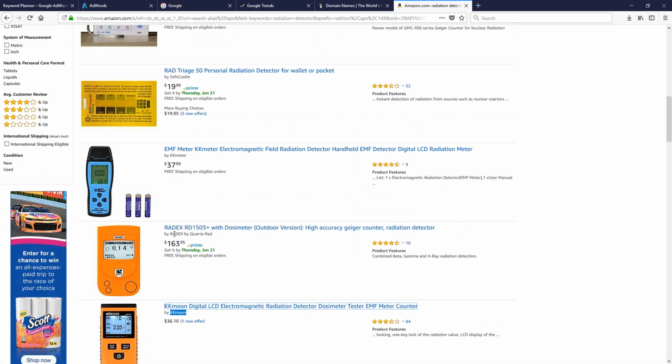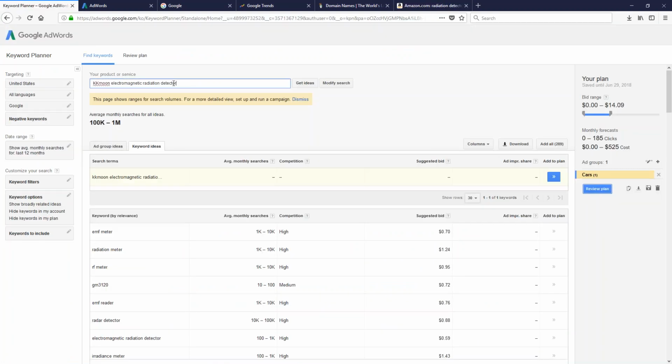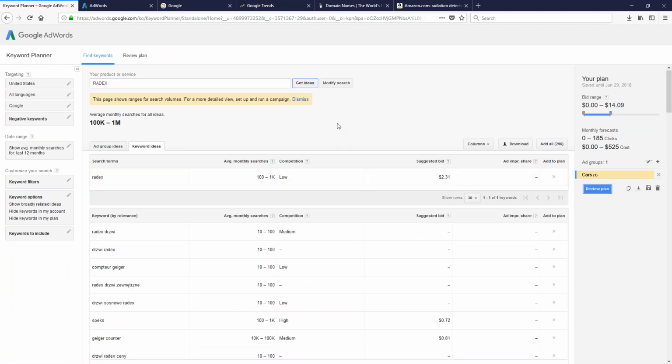But after doing a little bit of research, I'm not necessarily as confident anymore about pursuing that specific brand. So that's the whole idea behind this keyword research, is to find what I can target, how I can go about targeting these things. This brand looks like it might be a good one.